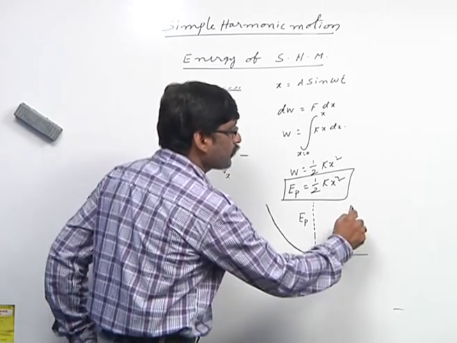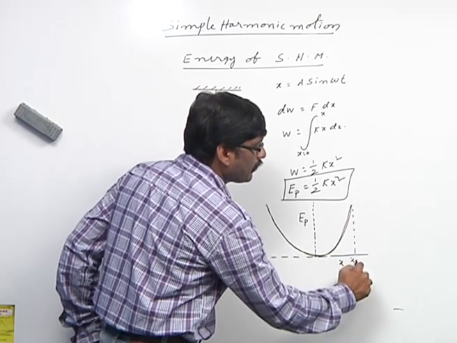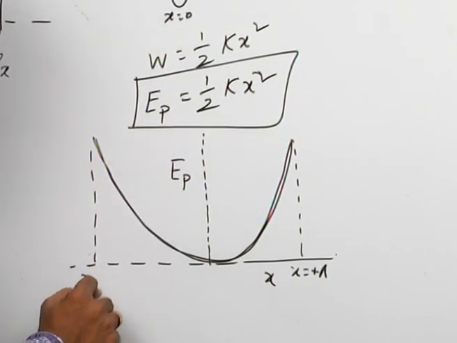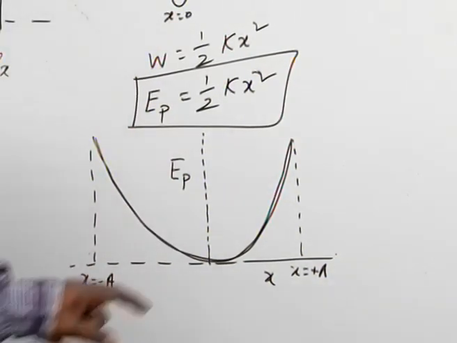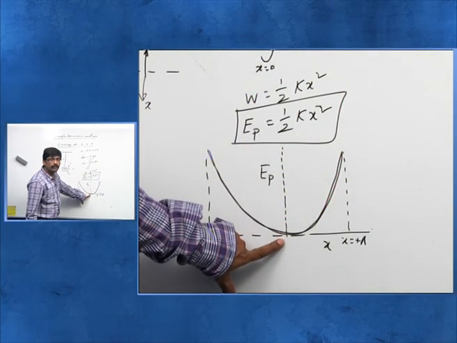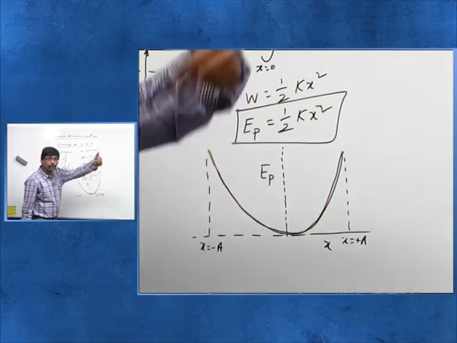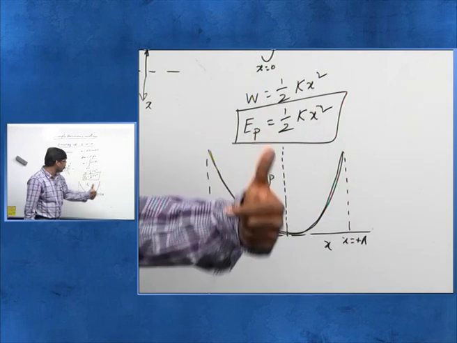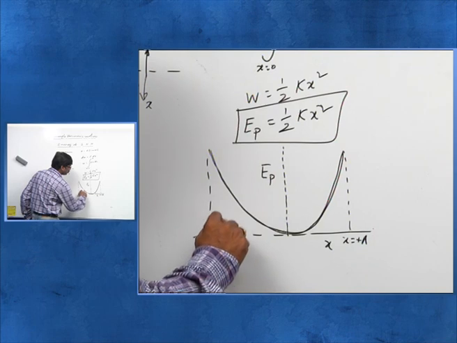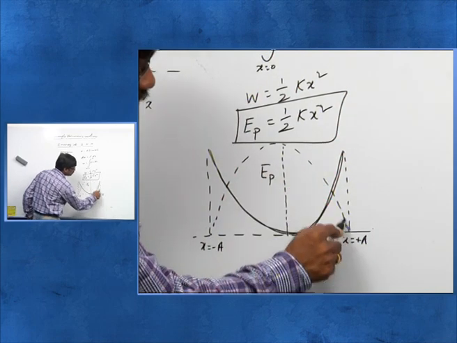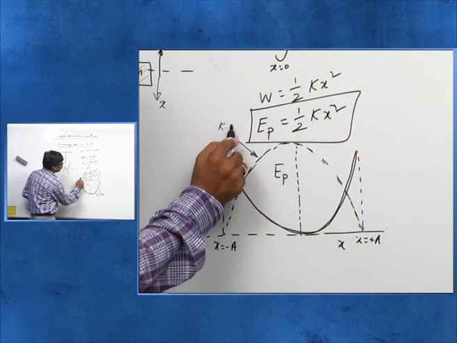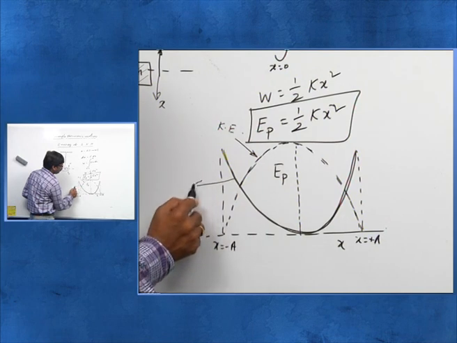Look at here, plus A. The potential energy is maximum at extreme positions and minimum at mean positions, whereas kinetic energy is 0 or minimum at extreme positions, maximum at mean positions. Okay. If I superimpose that graph also here, this graph is for kinetic energy, this graph is for potential energy.